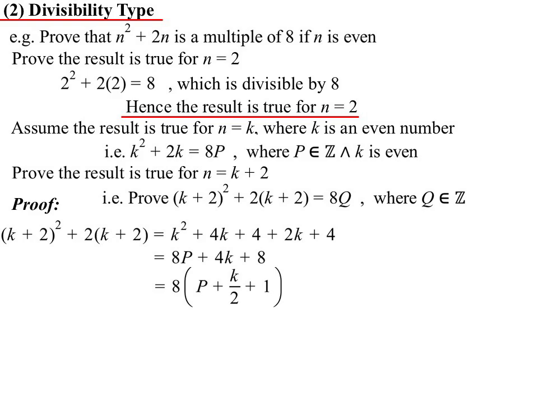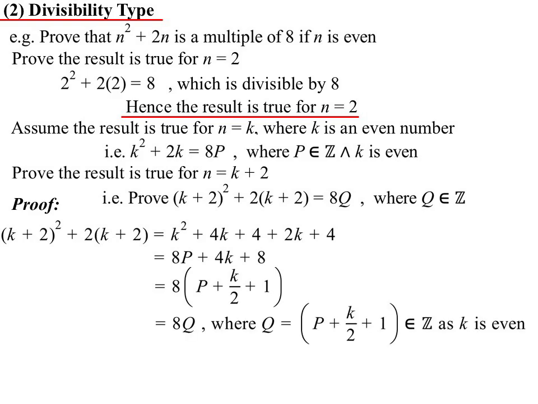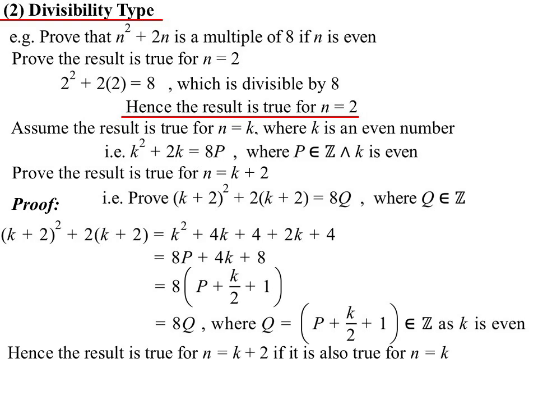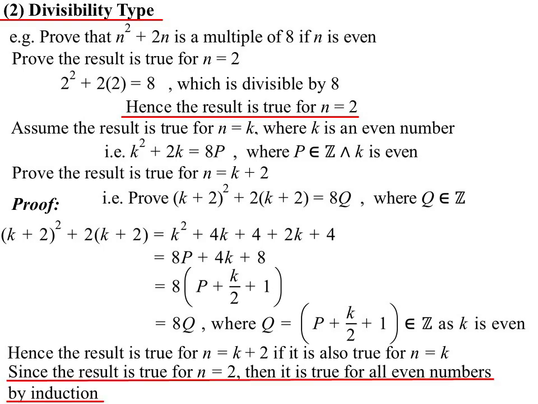Okay? If I just assumed k was an integer, well, that'd be no good. I might have a half or 3 on 2. Where q is equal to that, it is an integer, but again I'll highlight why I know it is, because I know k is even. Hence it's true for k plus 2 if it's true for n equals k, and since it's true for 2, then it's true for all even numbers.